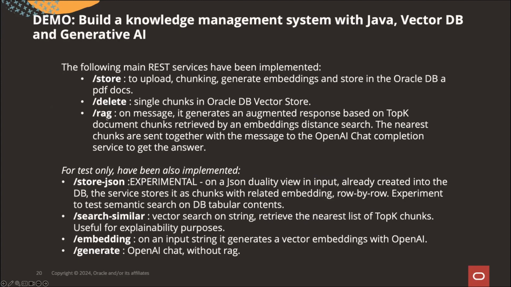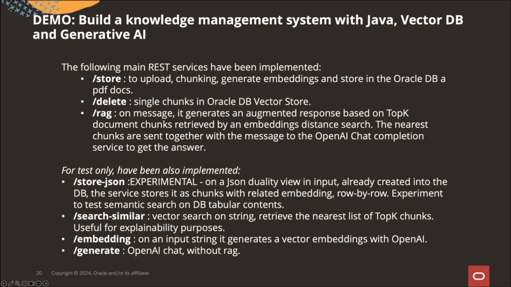The RAG performs the embeddings of the question for you, retrieving the nearest chunks with the similarity search. After that, it provides the engineered prompt to a chat completion model, and you get back the answer provided by OpenAI chat.